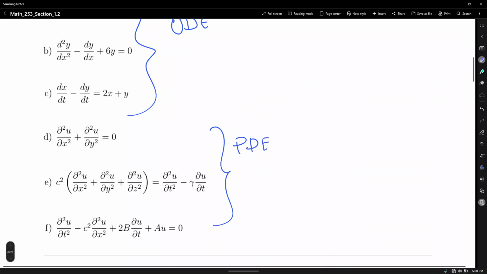The first equation is known as the Laplace equation. It doesn't have anything to do with the Laplace transform, even though it's by the same mathematician. Actually, some partial differential equations can be solved using the Laplace transform, which we're going to do later in the semester. The second equation is the wave equation.